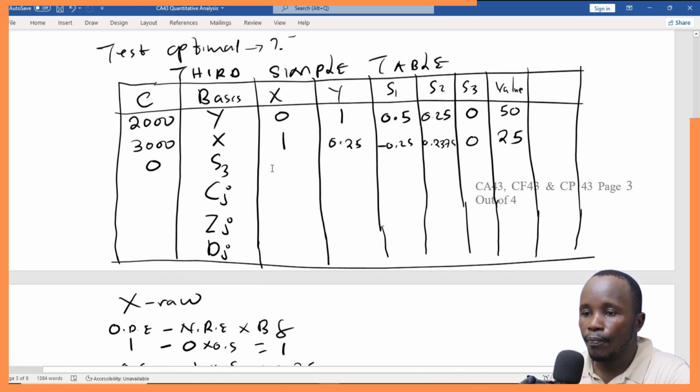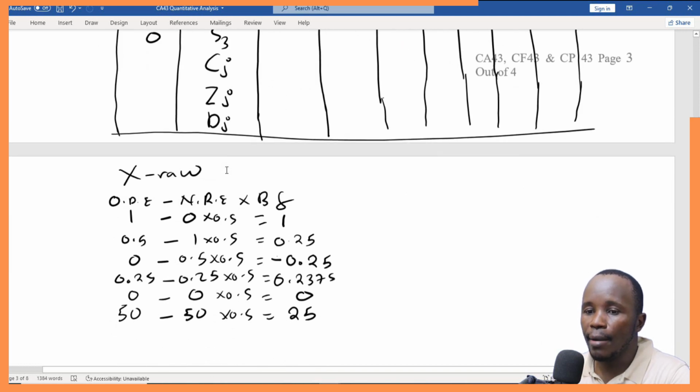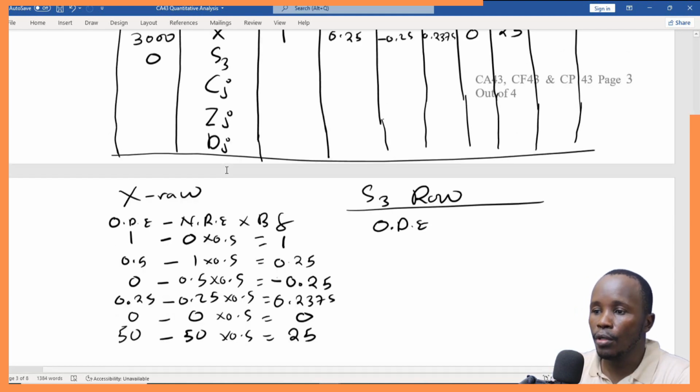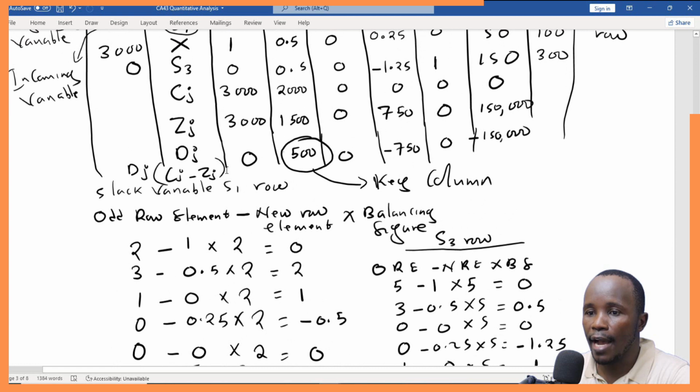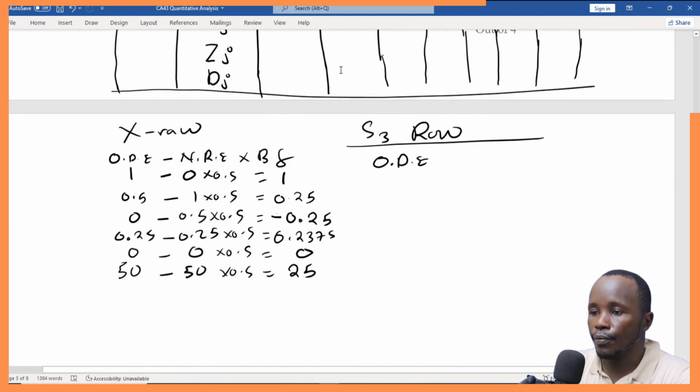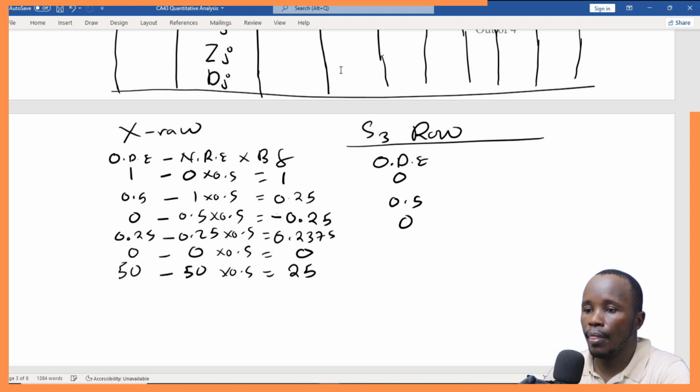I go to S3. S3, I'm going to do the same. S3 row. I need the old row elements. I come to table 2. I transfer what was given here as S3. This is 0, 0.50. I have 0, 0, 0.50.